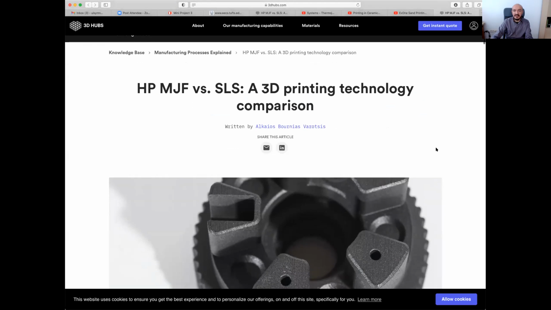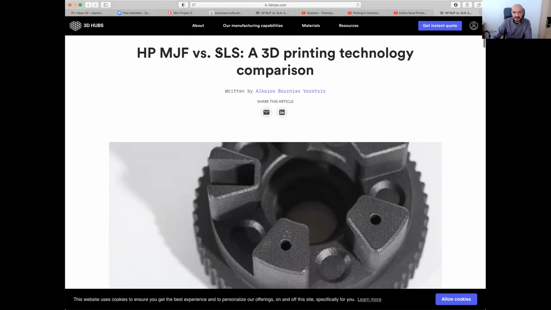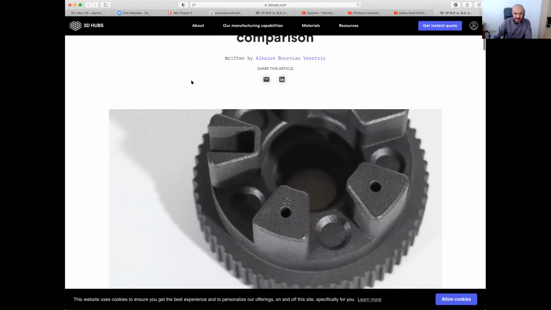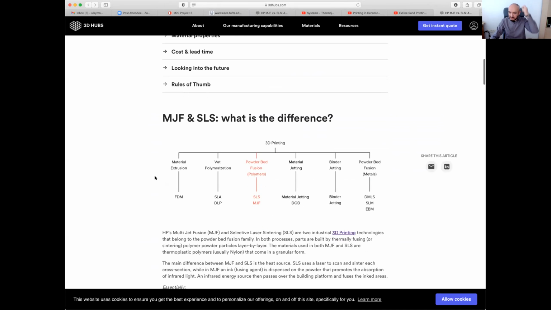Okay, this is a very novel process from HP, multi-jet fusion. And here we are comparing it with the selective laser sintering process. Make sure that you go through this website after this lecture, but I will simply discuss the fundamentals.